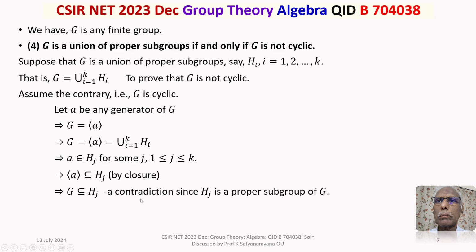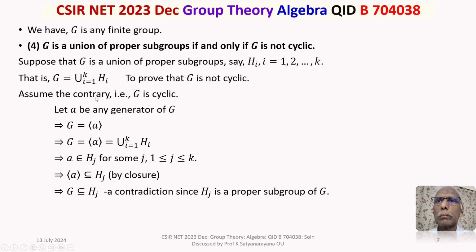This is a contradiction. Why? Because Hj is a proper subgroup of G. How come G is a subgroup of Hj? That's not true. So this is a contradiction. This contradiction is due to our false assumption.